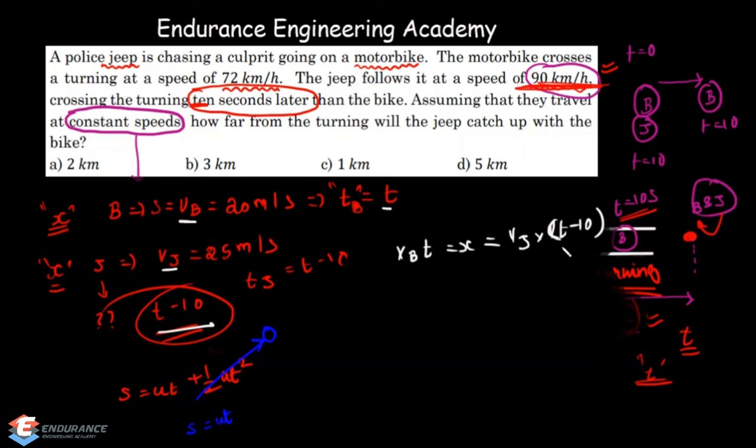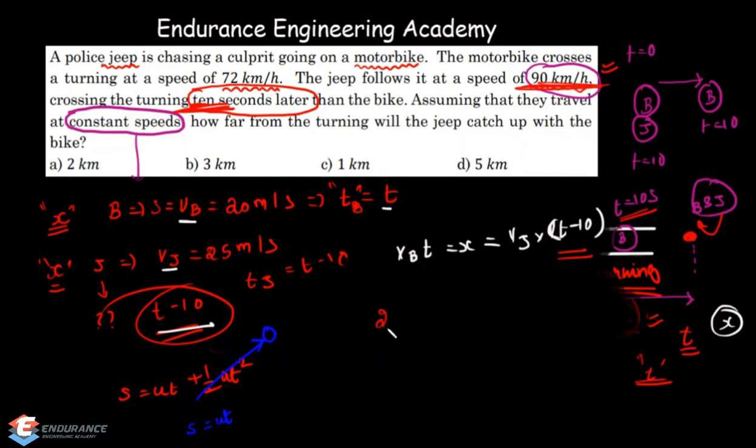Let me repeat, bike takes t seconds to cover, and Jeep should take t minus 10 seconds to cover the same distance x. Then only it can catch the bike, right? Because Jeep was lagging by 10 seconds, so it should cover the same distance in time t minus 10, then only it can catch the bike.